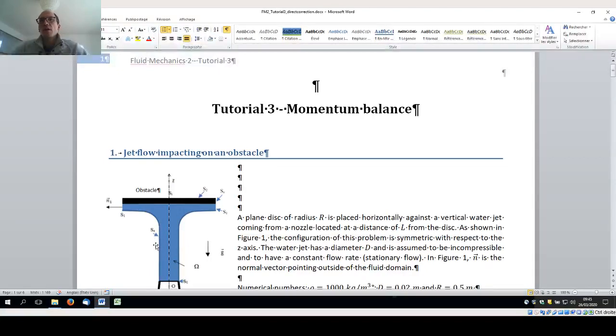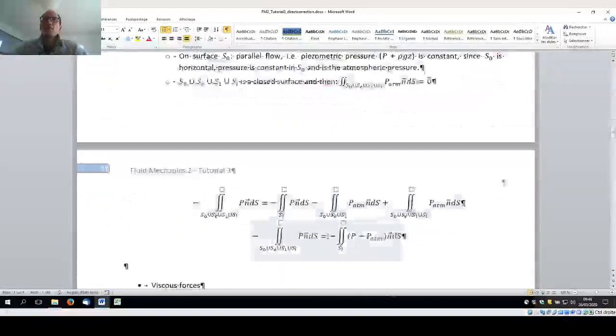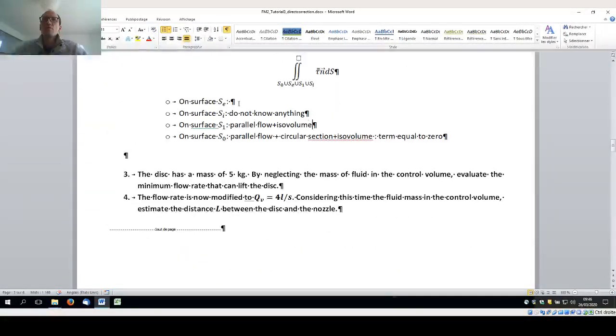Okay, it's not a parallel flow in SE, but SE is a streamline. So here it's a streamline. Parallel flow plus isovolume. So in inlet and outlet section, it's almost always that we assume that this is a very small term, which will be neglected here.